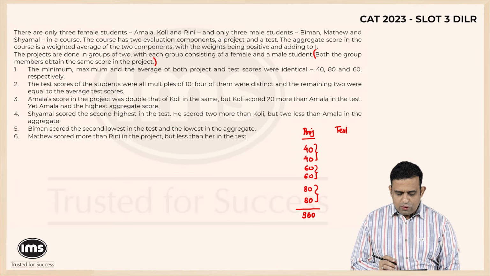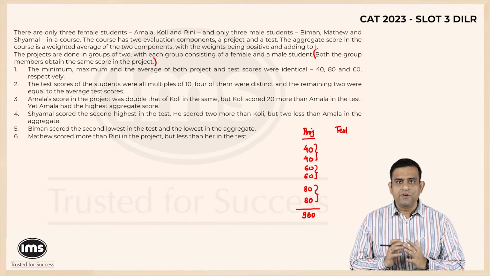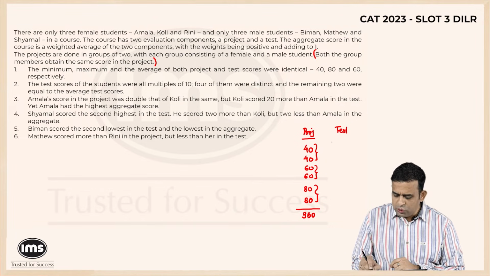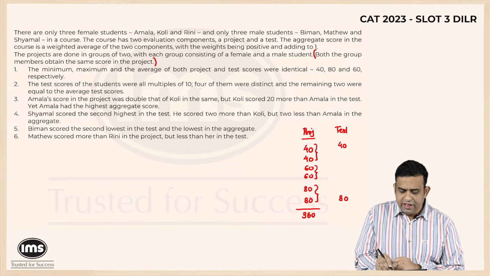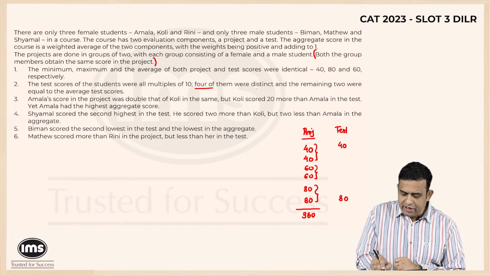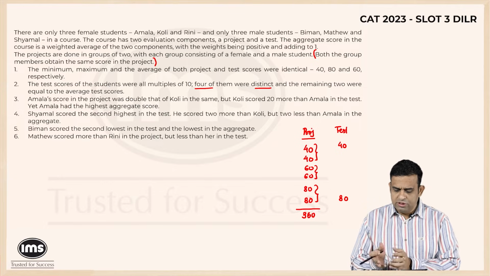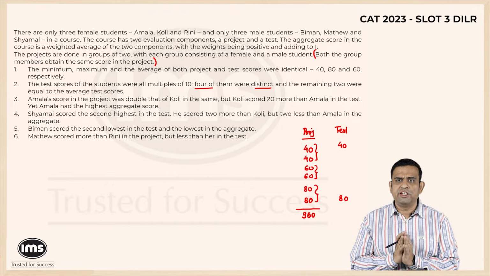Then if I talk about point number 2, it says that the test scores of the students were all multiples of 10. In the test also, the score of 40 was the minimum and the score of 80 was the highest. And this is very, very critical. They are saying 4 of them were distinct and the remaining 2, apart from these 4 which were distinct, were equal to the average test score.